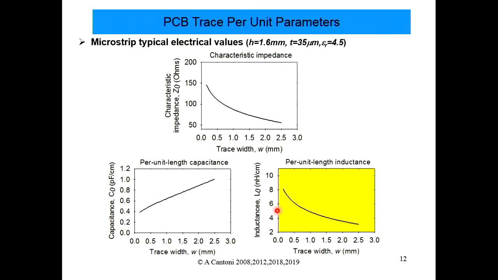And as we make the width wider, okay, we make the inductance per unit length smaller, okay? You could consider that intuitively: if you have lots of inductors in parallel, they add up to make a smaller inductance, right?